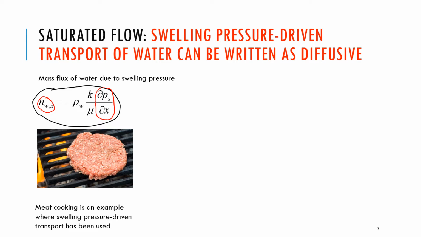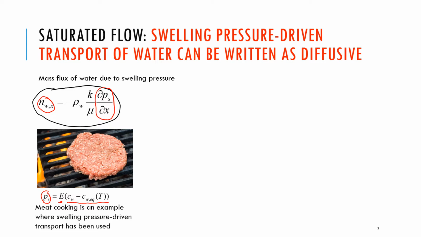For this kind of transport, in case of meat, swelling pressure P_S is given by some constant multiplied by the difference between concentration of water at one point and the equilibrium concentration at that point as a function of temperature at that point.